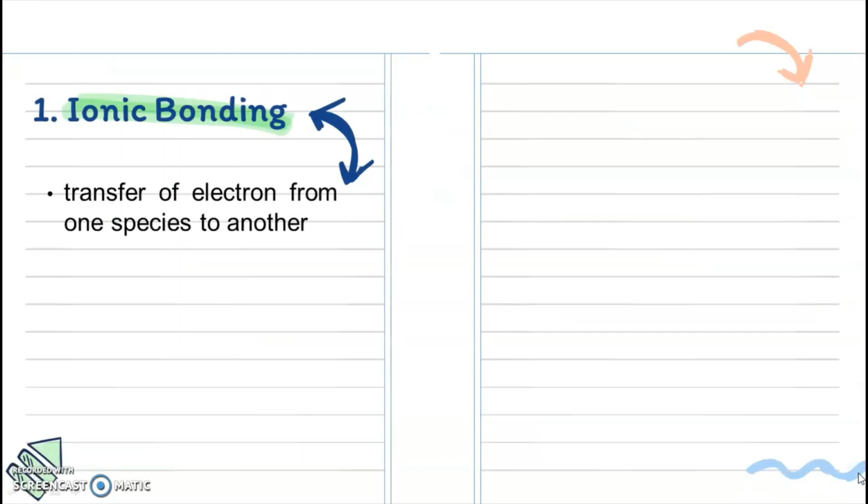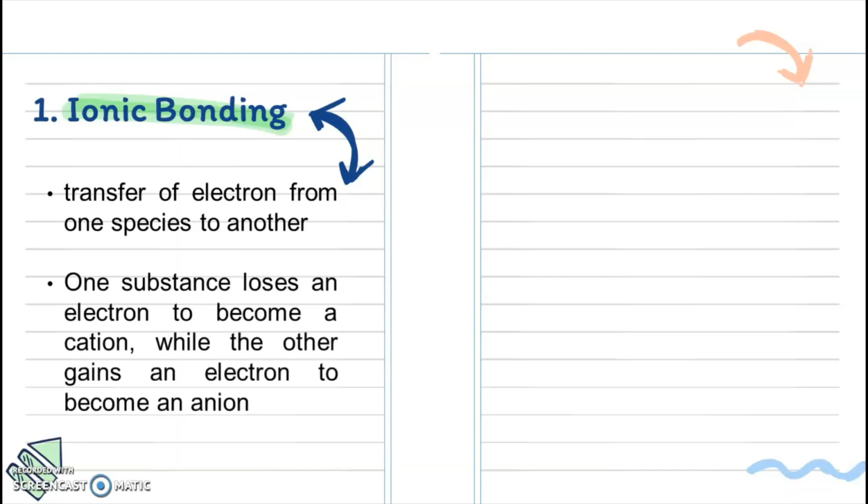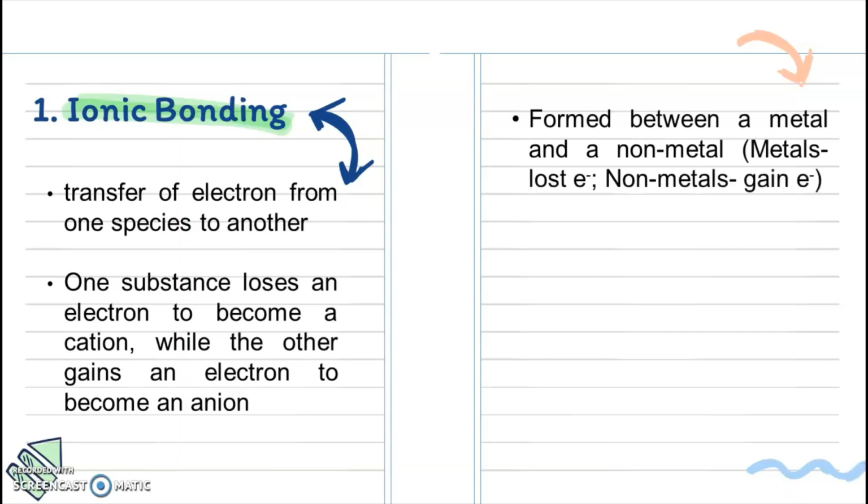So, when we say ionic bonding, there is a transfer of electron from one species to another, wherein one substance loses an electron to become a cation, while the other gains an electron to become an anion. So, para mas madaling tandaan, it is formed between a metal and a non-metal. So, yung metal mo, siya yung maglo-loss ng electron, while yung non-metal, siya naman yung tatanggap ng electron.